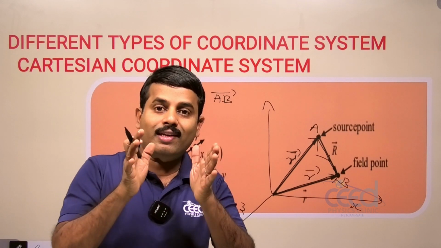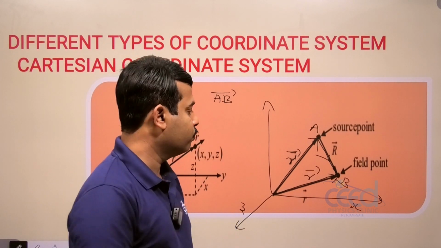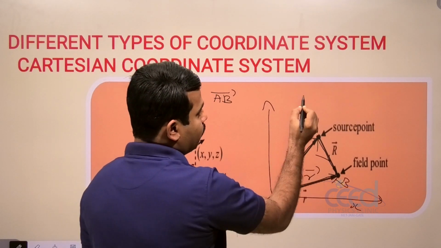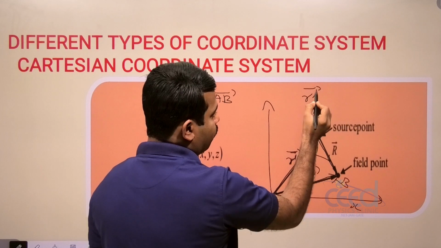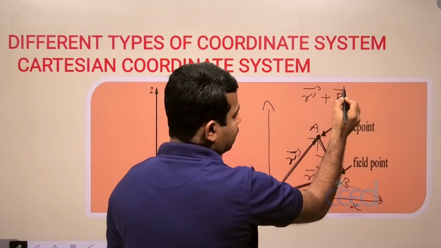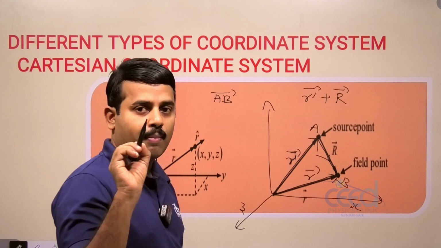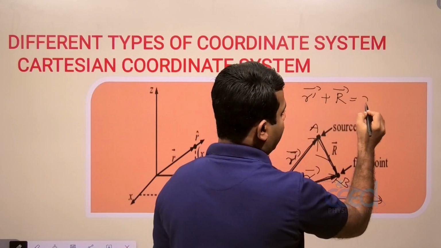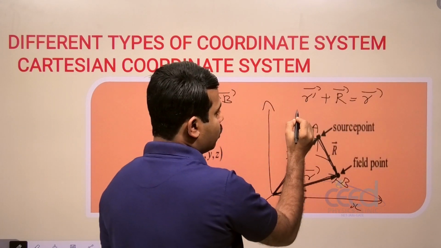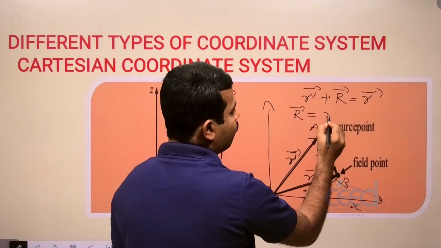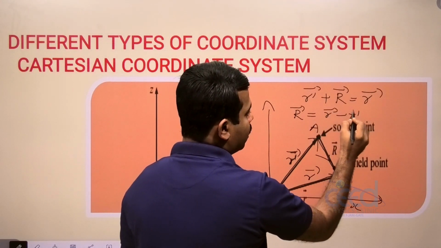So using the triangle law, the resultant of these two vectors: r dash plus capital R, that is our displacement vector, is equal to r. Then the displacement vector capital R is equal to r minus r dash.